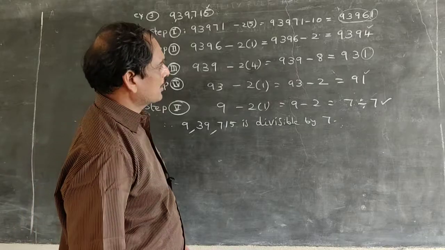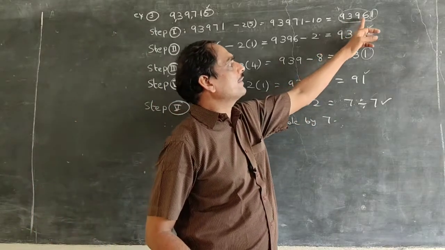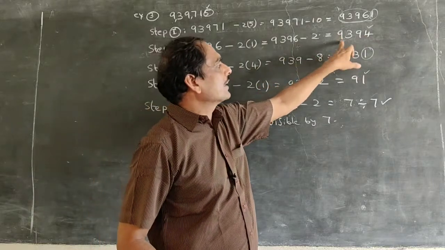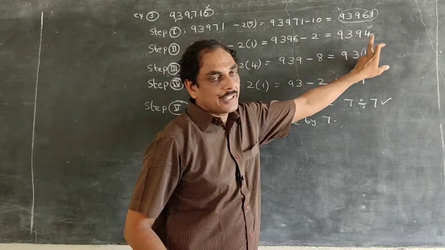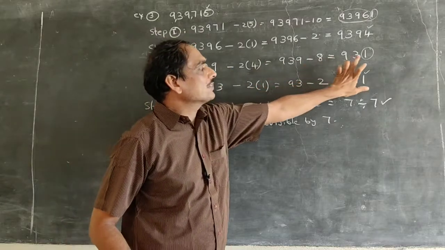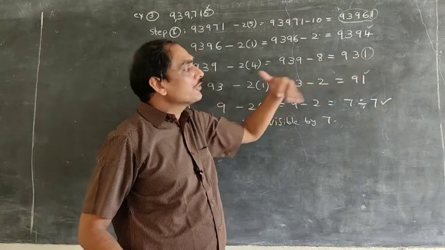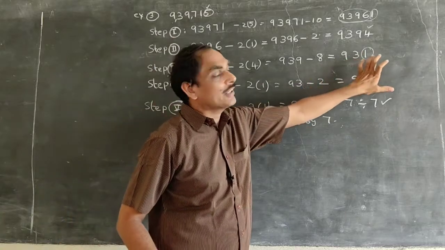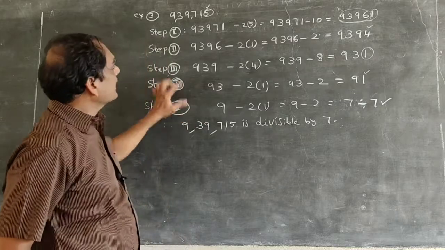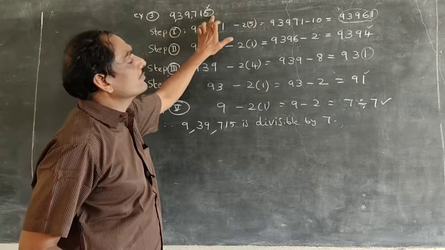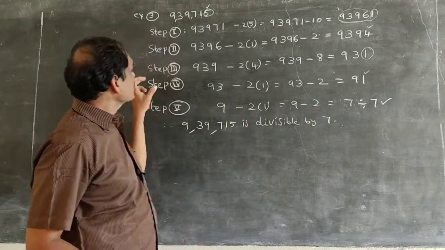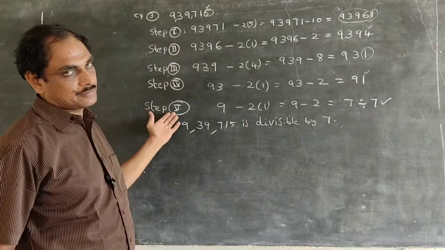In the first step we get 93,961. In the second step we get 9,394. In step 3 we get 931. If we know that 931 is divisible by 7, then we say that 9,39,715 is divisible by 7 without going to step 4 and step 5.